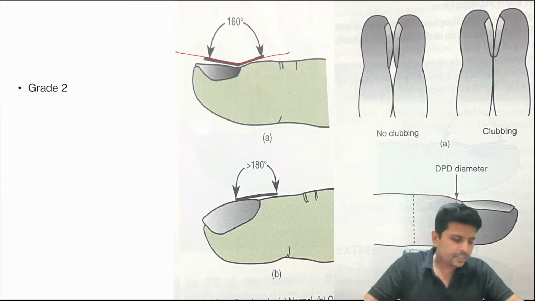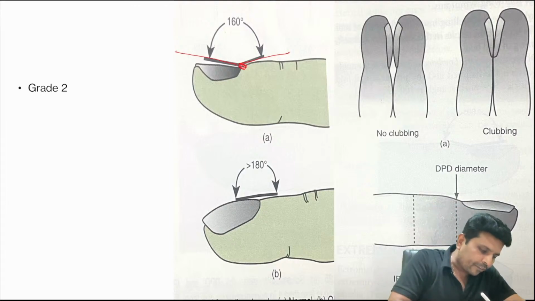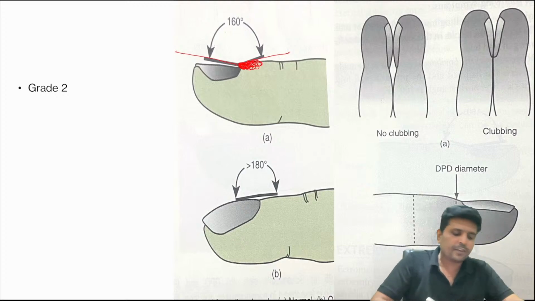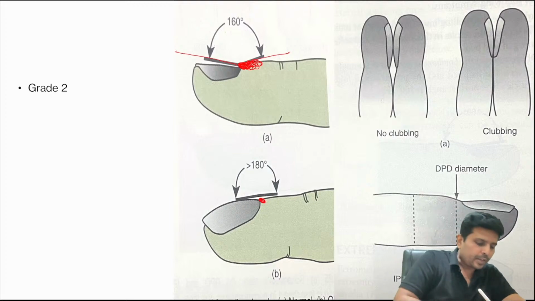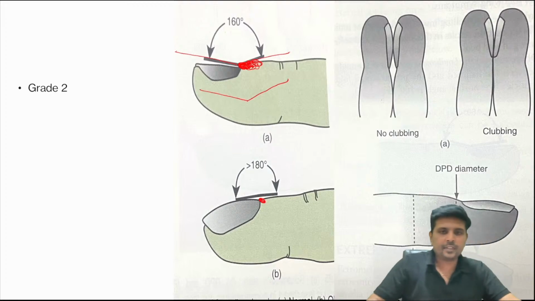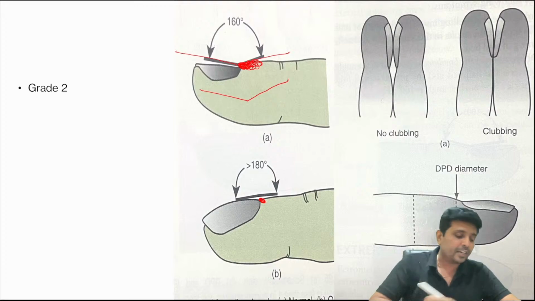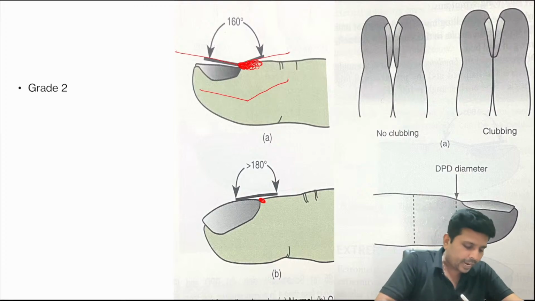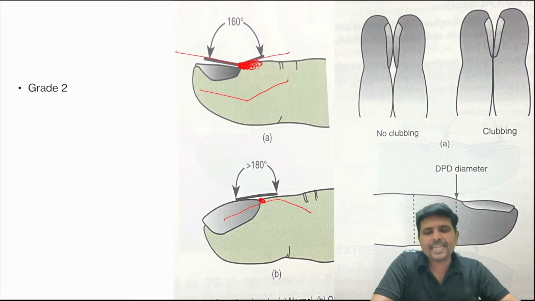But what happens whenever there is a proliferation of subcutaneous tissue here? The angle becomes more than 160 degrees. Initially the angle is like this, but because of the proliferation of soft tissue here, the angle becomes like this, and the angle becomes 180 degrees.